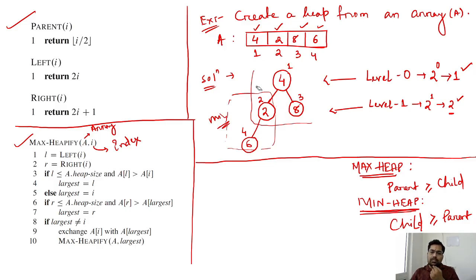So our target is that the total tree should follow the same property, either min heap or max heap. Subtree is not the whole of it; we have to consider it, but it is just a subset. The whole tree should follow the property. Then only we should follow either max heapify or min heapify.